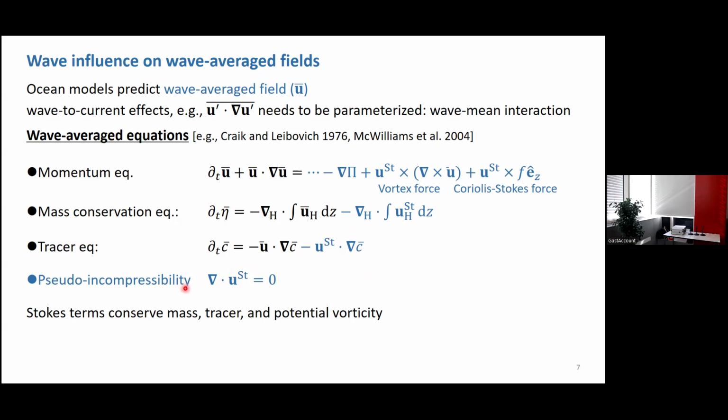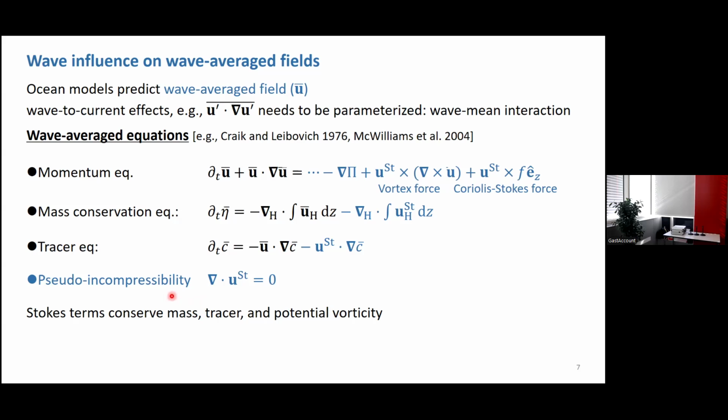But typically, people neglect that compressibility and assume that the Stokes drift velocity is incompressible, and use this relationship to diagnose the vertical component of the Stokes drift velocity from the horizontal one.